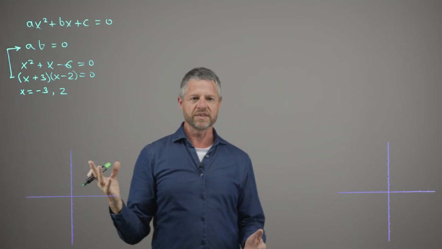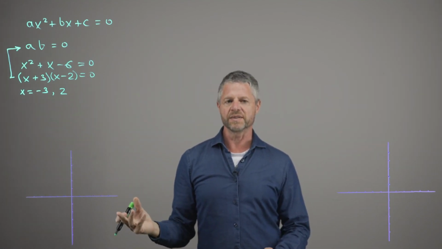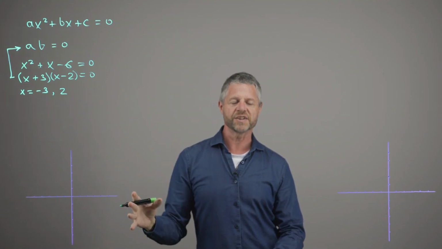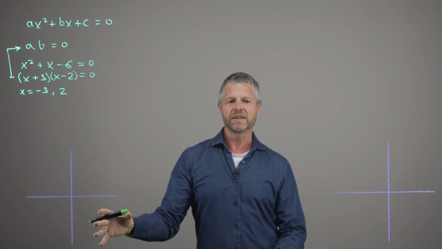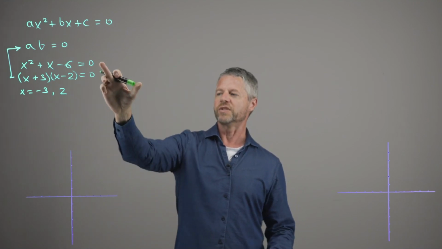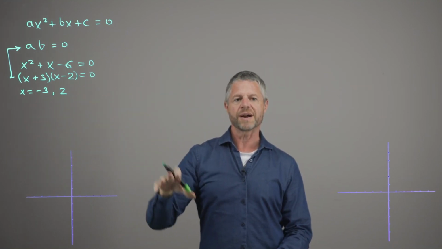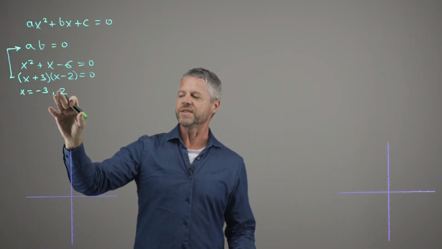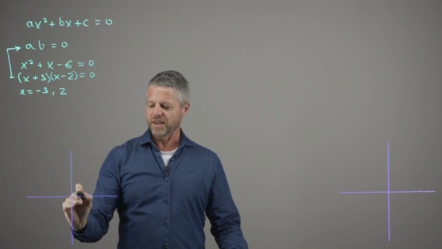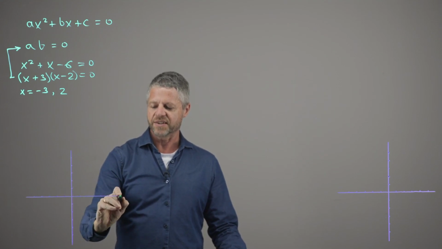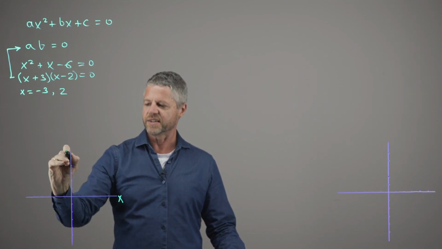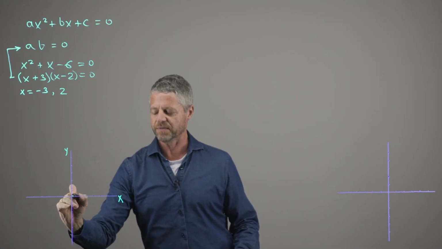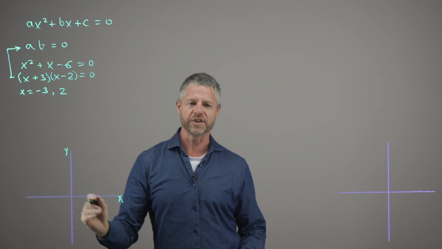We can think of this in terms of a graph as well. Thinking back to the previous video where we looked at representing a linear function as a straight line on a graph, a quadratic function looks like a parabola, which is a curved function. This is the x-axis and this is the y-axis, and 0 in the middle is often called the origin.